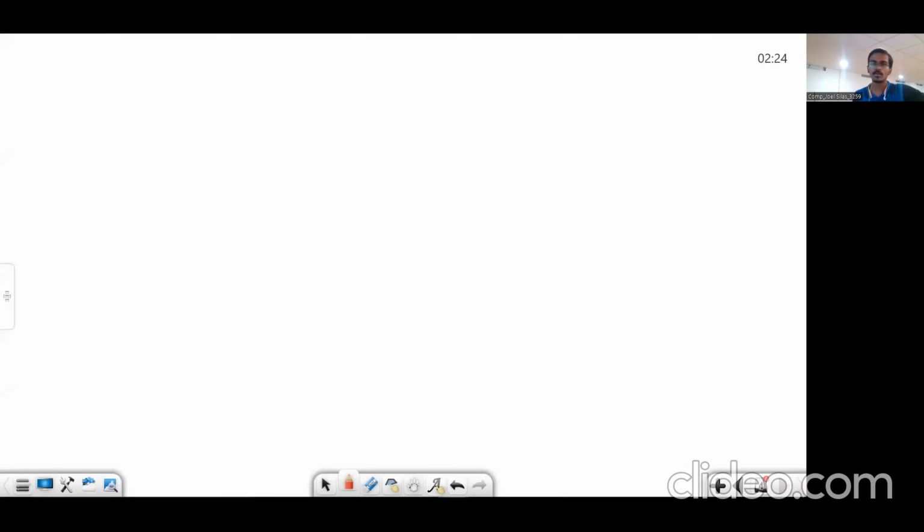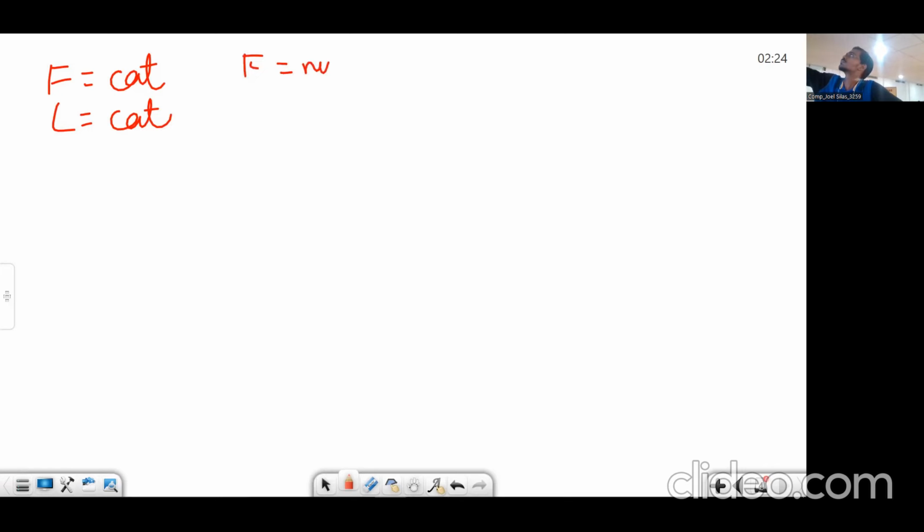Now let us summarize all the possible cases of decision tree. So firstly, we have seen when our feature is categorical and our label is also categorical. Then the possibility is feature is numerical and label is categorical.